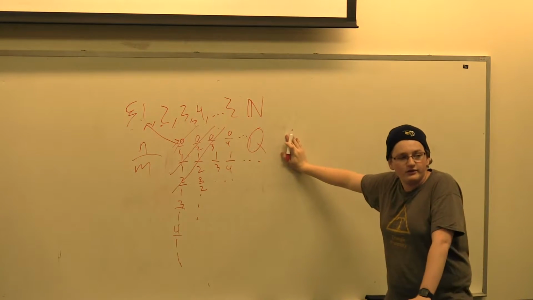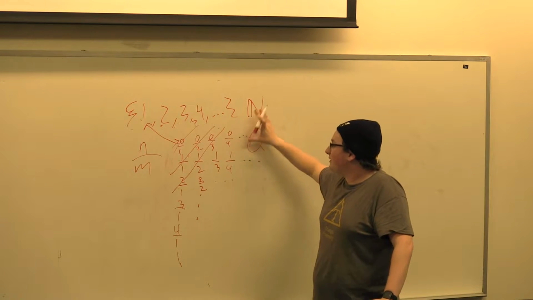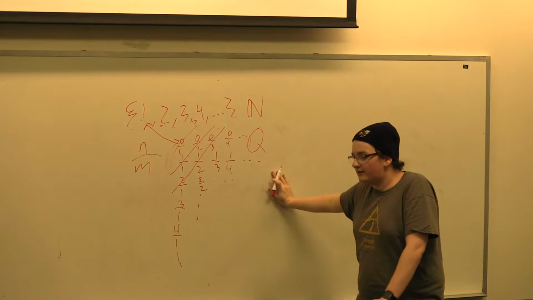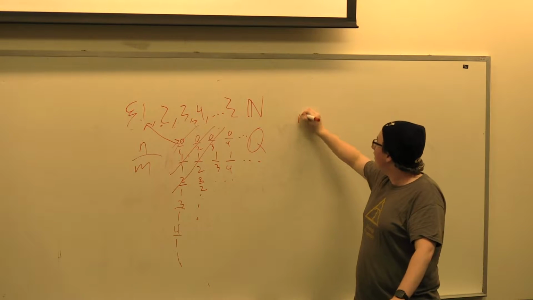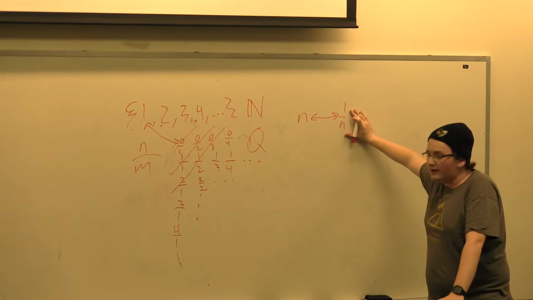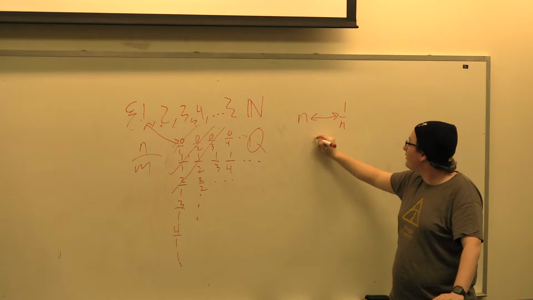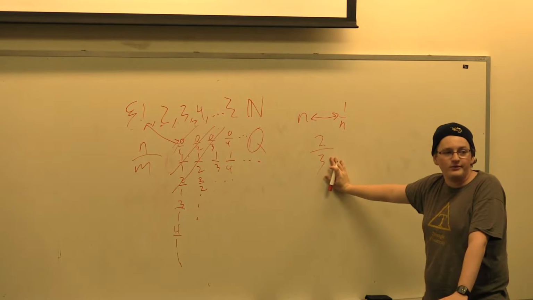And so this makes it seem like there are more natural numbers than rationals. Something else I can do is instead try mapping n to 1 over n, and if I just do this for all the natural numbers, and I think about numbers like 2 over 3, that's not mapped to any natural number.